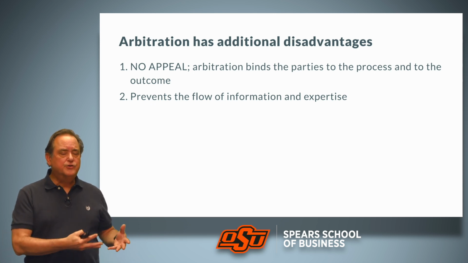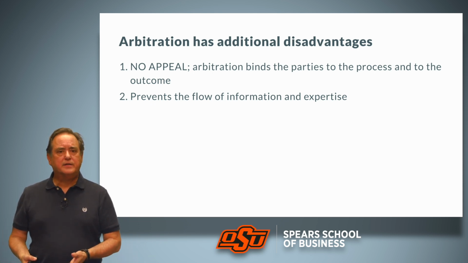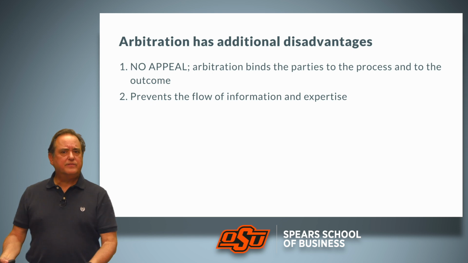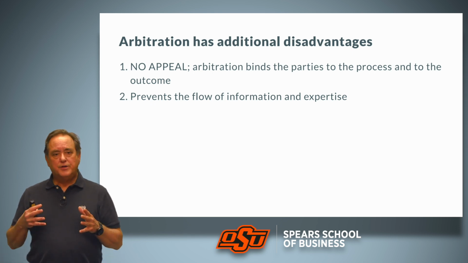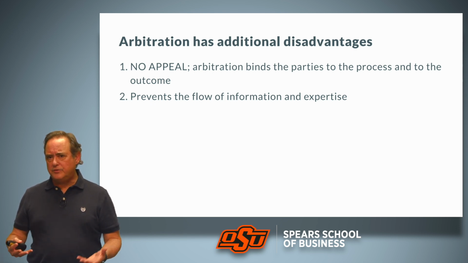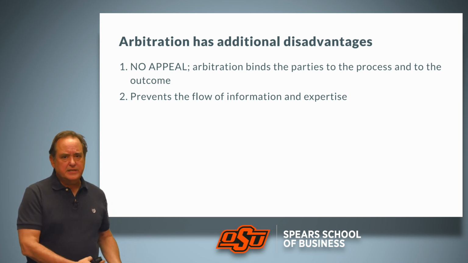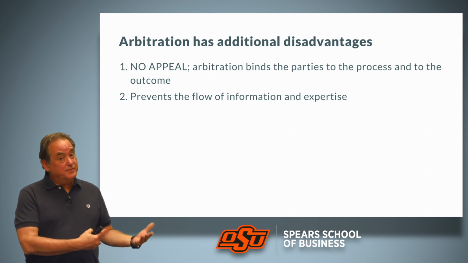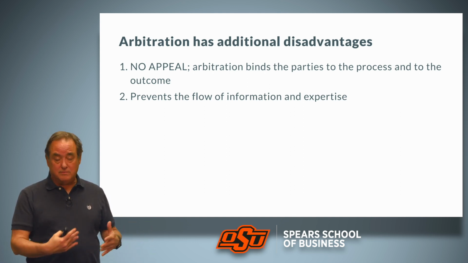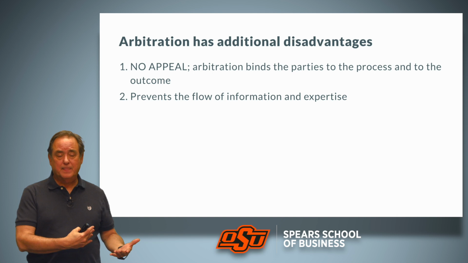There is no neutral third party that's going to evaluate the fairness or the accuracy of the arbitration. So no appeal means no appeal. You are bound by the results, even if the procedures were unfair, or even if your arbitrator got it wrong, or you think they got it wrong.